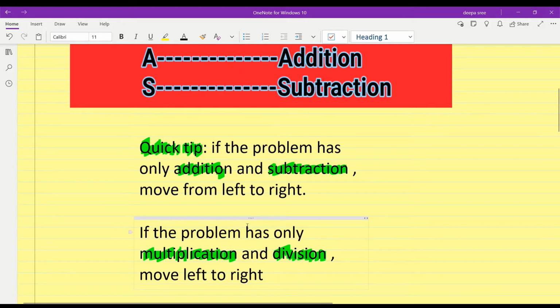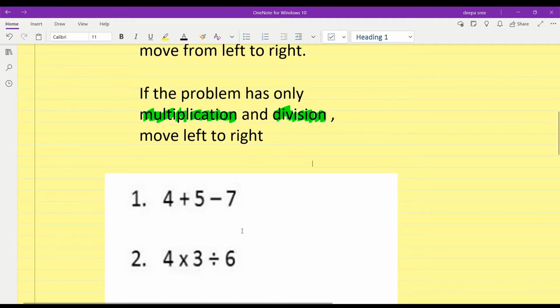So we can solve some problems related to this BODMAS rule. In the first question, after getting a question, first we should identify whether the problem consists of only addition and subtraction, or only multiplication and division. So that is step 1.